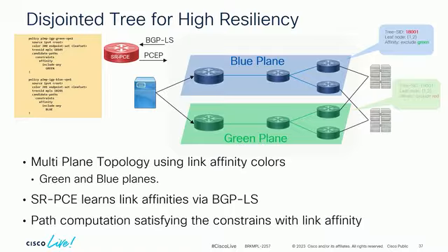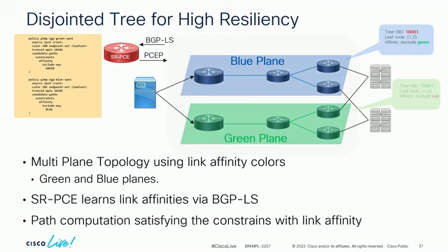So it's up to the receivers to receive the traffic from either the green plane or the blue plane. This way, we can achieve high resiliency for multicast traffic using a totally disjoint network.